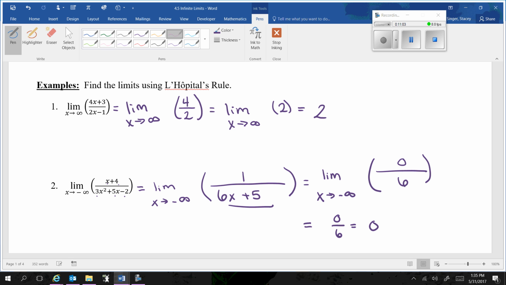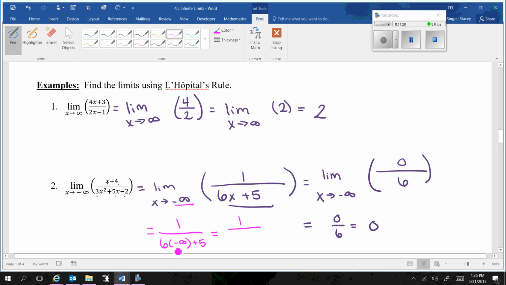If I didn't do that and I plugged in negative infinity, 1 divided by 6 times negative infinity plus 5 still gives me 1 divided by negative infinity, and that would still give me 0.